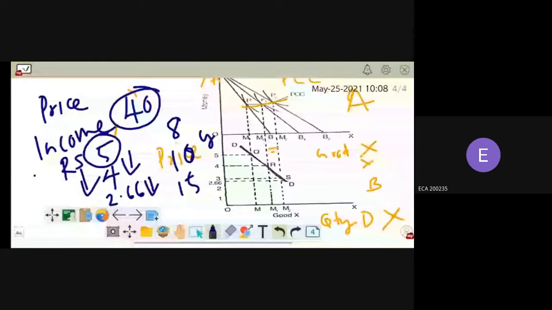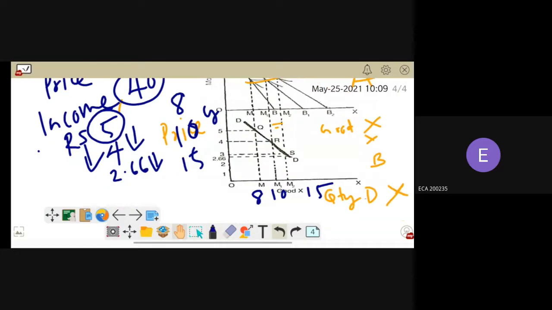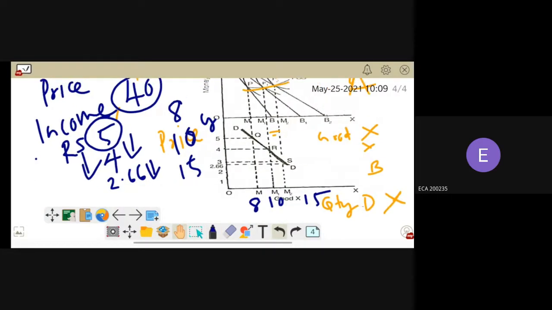So these are the prices on the y-axis. We measure prices 5, 4, 2.6. So these are the prices, and these are the quantities, right? They are 8, 10, 15. So OM means 8 units. OM1 means 10 units, and OM2 means 15 units.